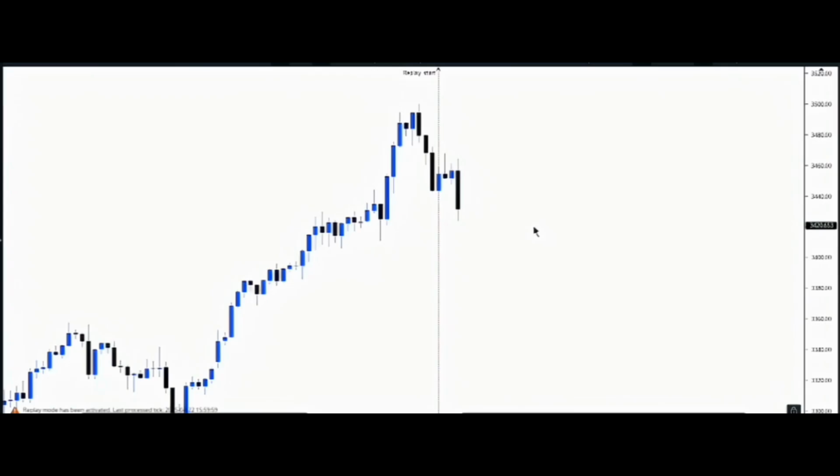Now, if you are the type of trader that is interested in buying and selling signals, or you want to get multiple strategies with which to engage the market, you can just click away right now.